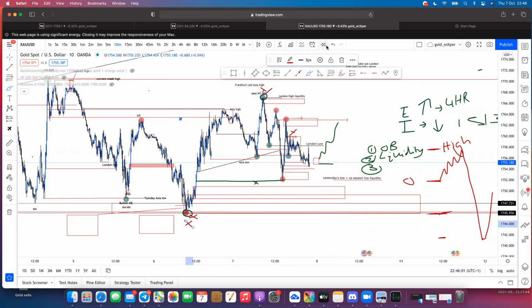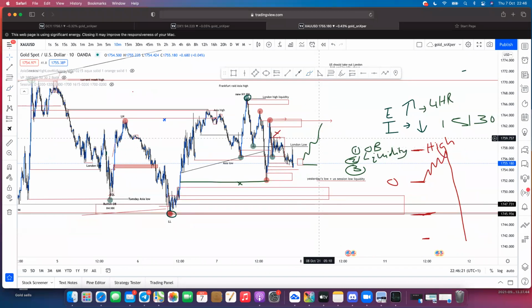They're not in these internal landmarks. This is external structure on a lower time frame, but on a higher time frame, our external landmarks are this one and that one. So whatever Asian session range builds here is going to get liquidated to the downside and upside, both sides. We'll have to see how that develops, but I'm just giving you some ideas to think about.